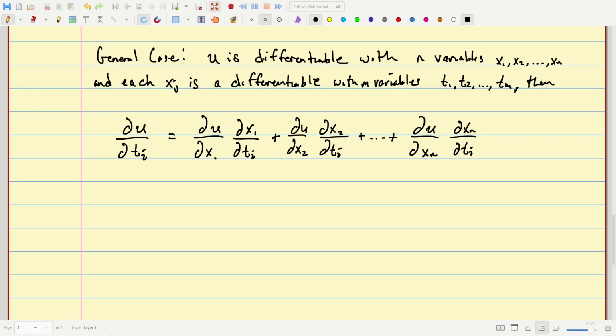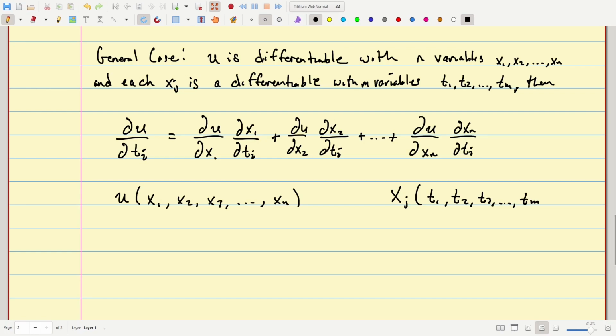Okay, so here I have a function u that's made up of a bunch of variables, and each of those xj's is itself made up of a bunch of independent variables.